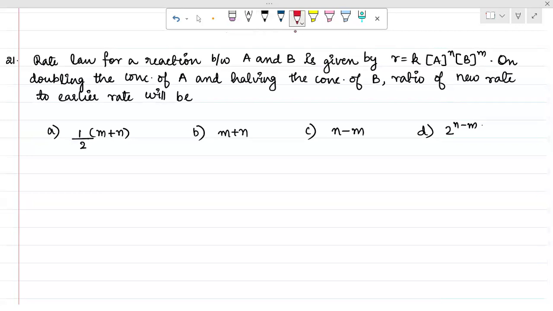Very easy question. What is given? Rate is equal to rate constant into concentration of A to the power n, concentration of B to the power m is given. Correct. Now they are saying that they are changing. So upon changing, let's say that the new rate is R prime. So rate constant won't change. Concentration of A is doubled and concentration of B is made half.